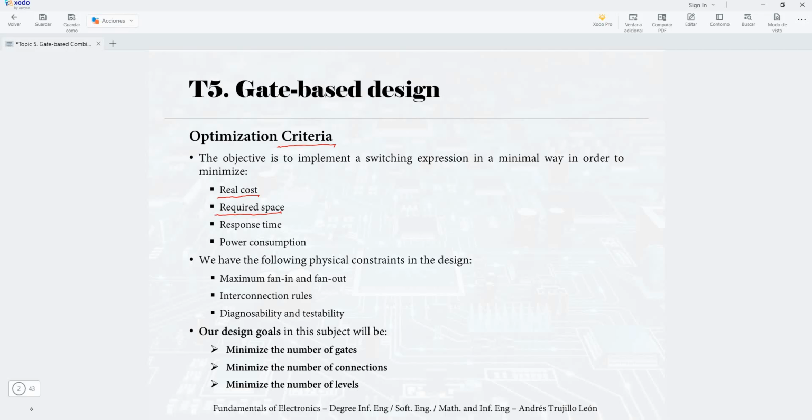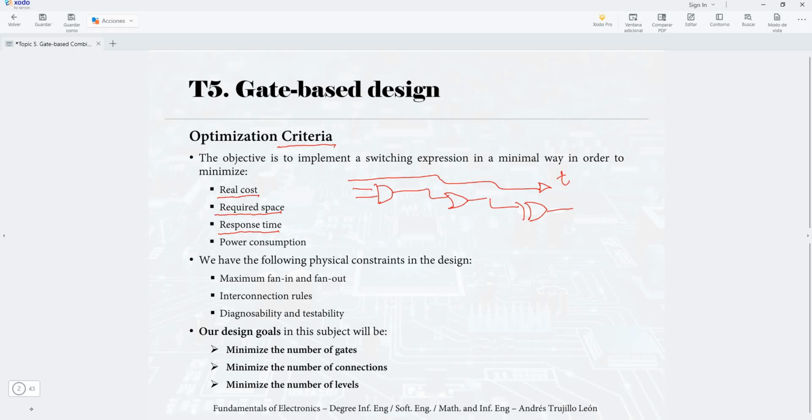We have to take into account also the response times. The circuit has to be as fast as possible. For this we have to consider that if we have many logic gates connected one after the other, the signal has to go across all of them. So the longer the path, the slower the circuit.